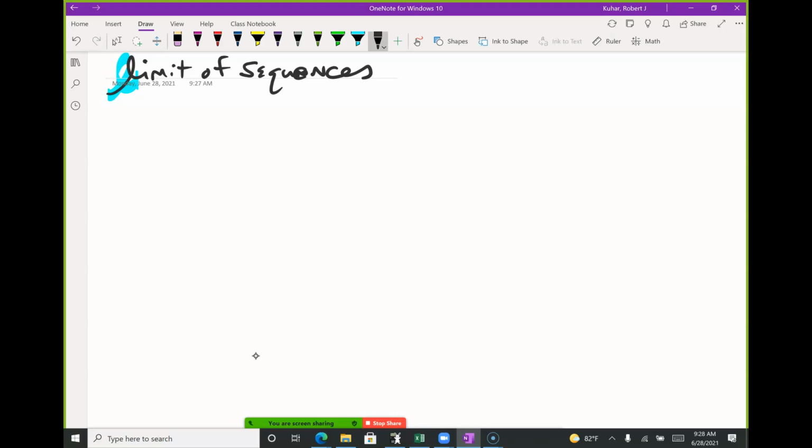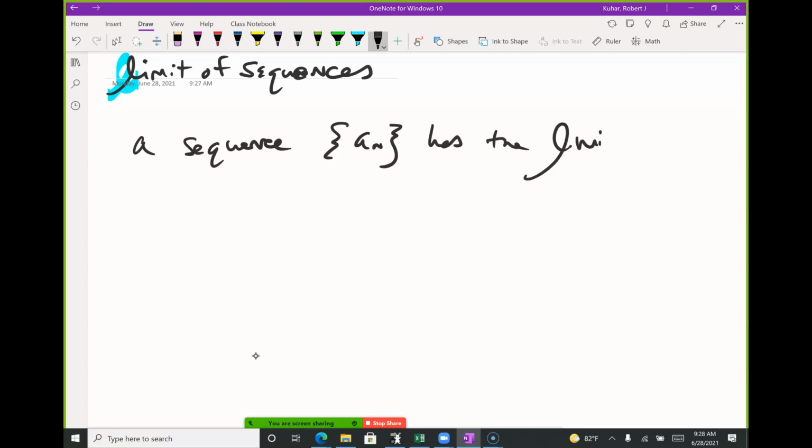So we say a sequence a sub n has the limit L, and that's got to be a real number, of course, if the limit as n goes to infinity of a sub n equals L.